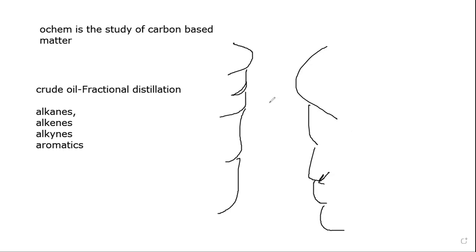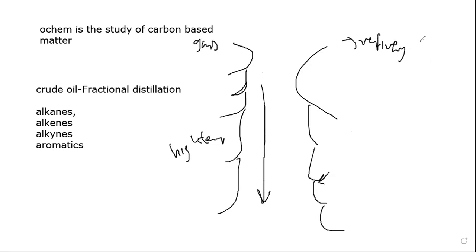As you go down, you have a high temperature, and as you go up, you basically have gases, like your refinery gases, like butane.